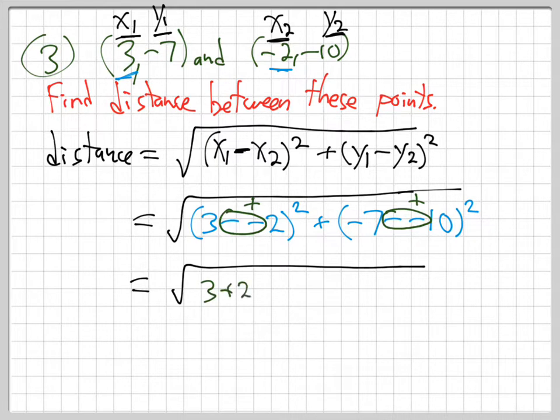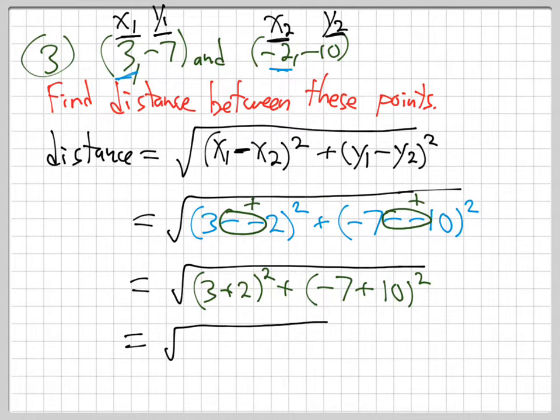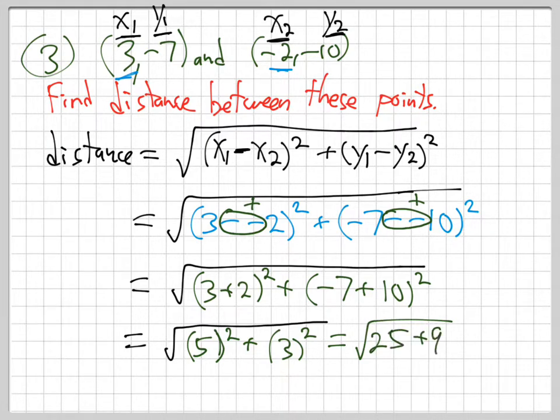So we get 3 plus 2 squared plus -7 plus 10 squared. That good? Both of them did. And then square root of 5 squared, what's that? 3 squared. So that's 25 plus 9. Square root of 34.